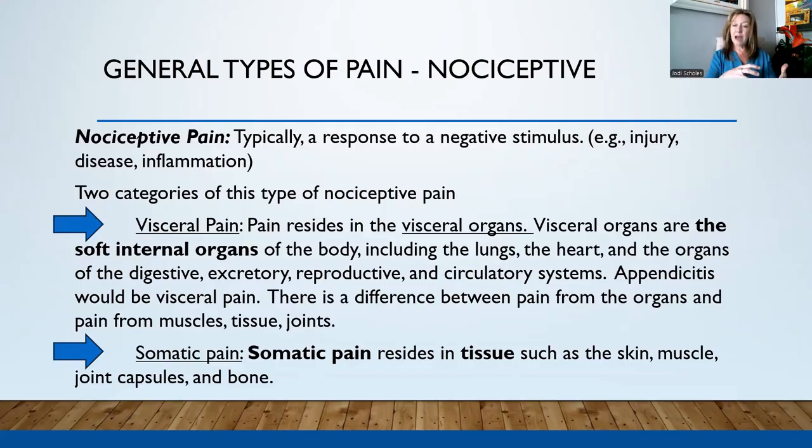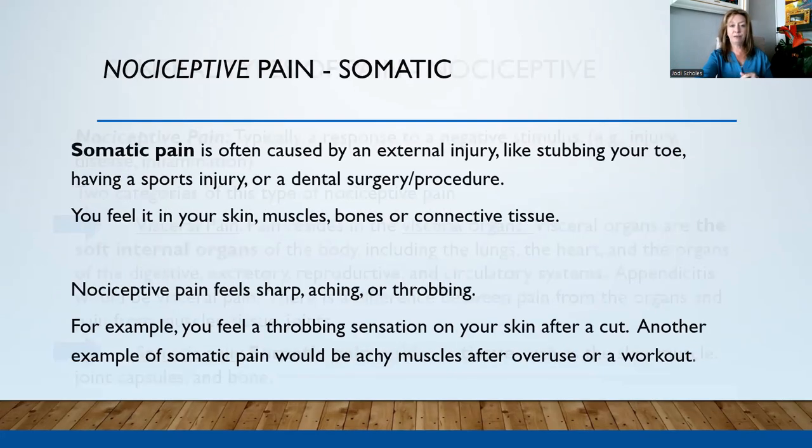Whereas somatic pain, muscle, joints, bone, that's a little bit different. So moving along, visceral pain is from a visceral organ. Somatic pain is from the skin, muscles, joints, bones, still painful. We're dealing with musculoskeletal pain. That's under the category of somatic pain.